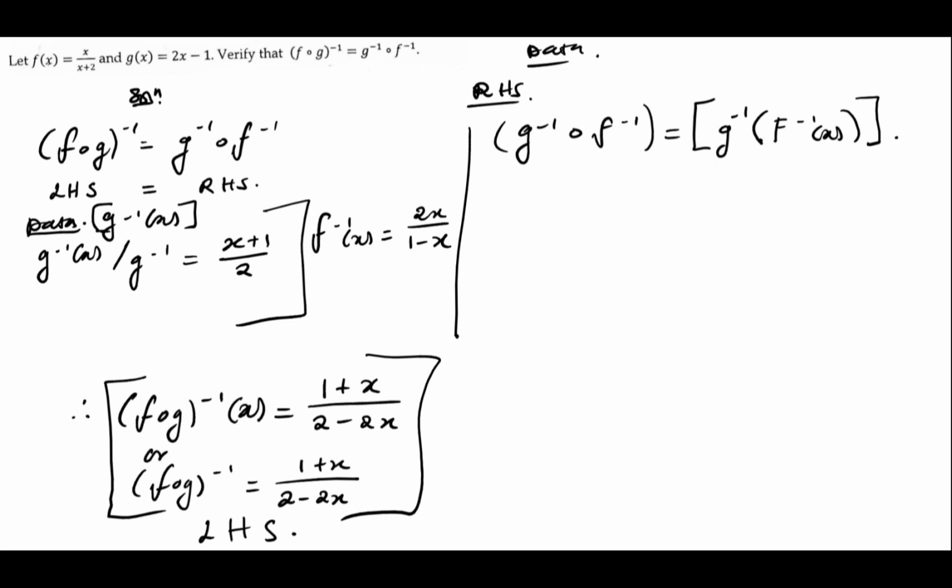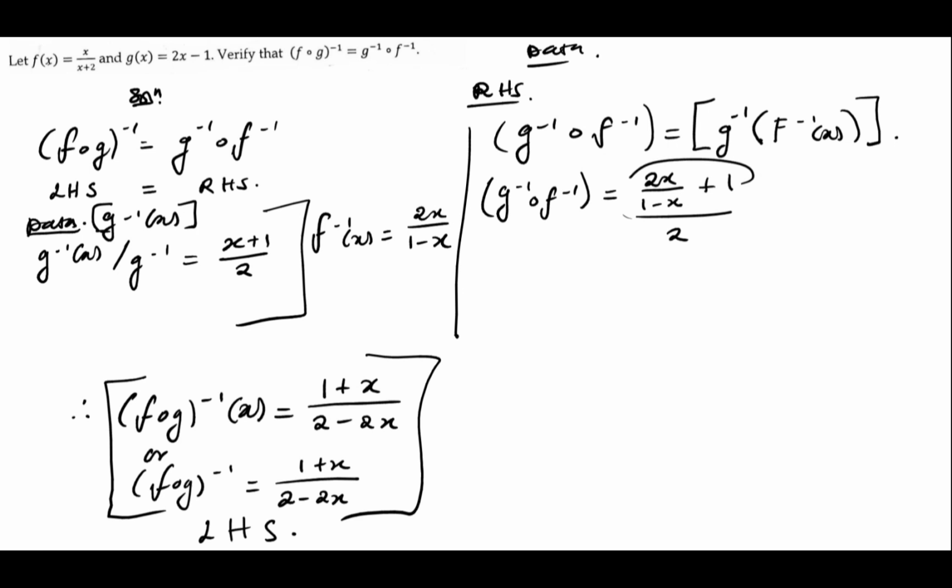Wherever there's x, I'll plug in this function. So we'll have 2x over 1 minus x plus 1, and this will be over 2.